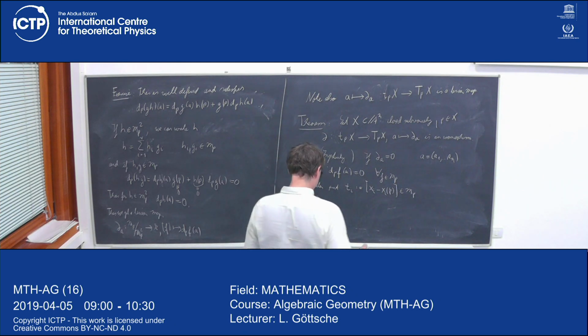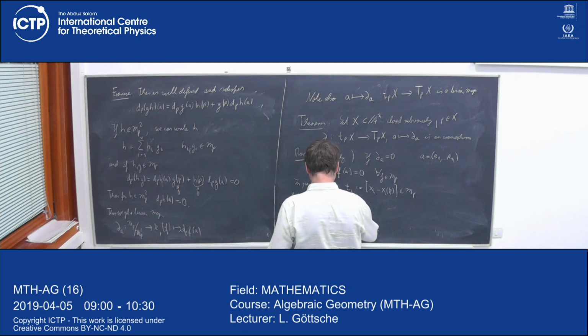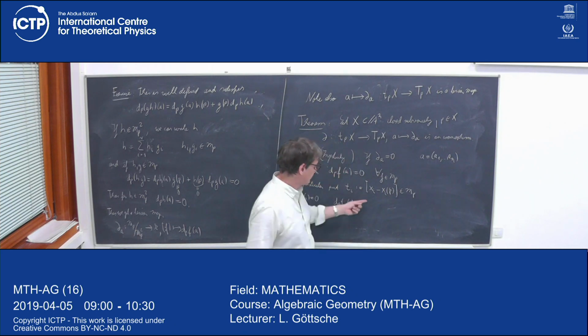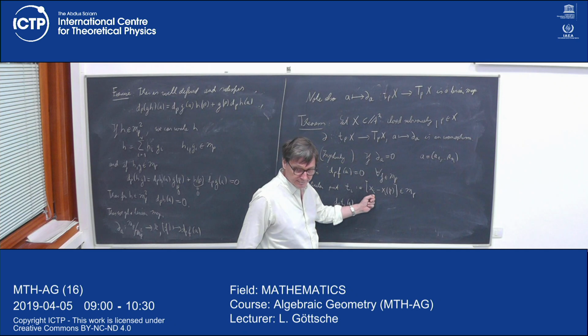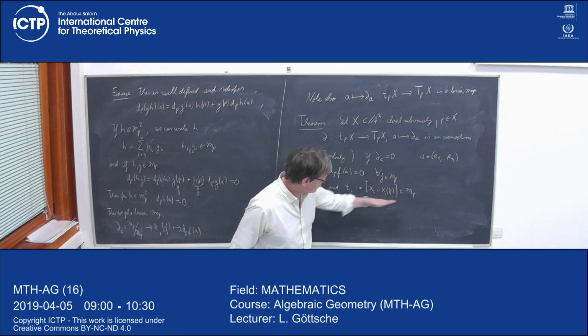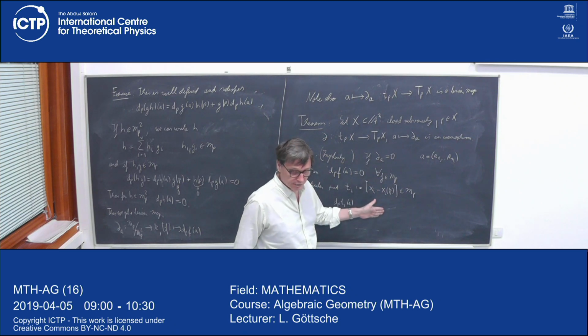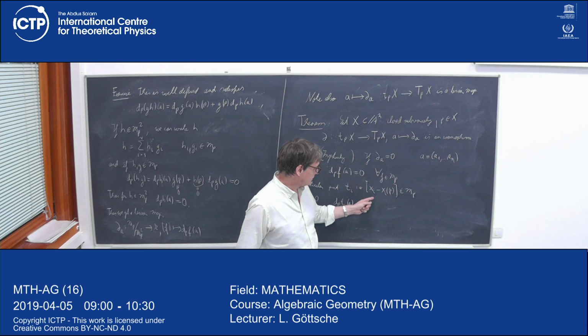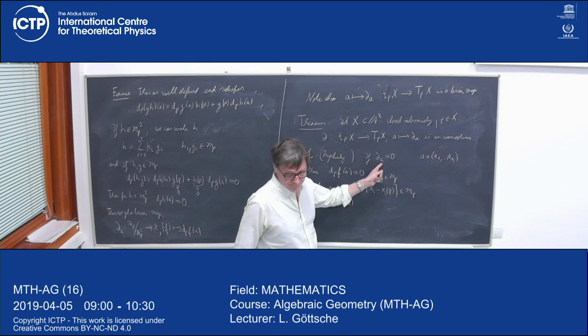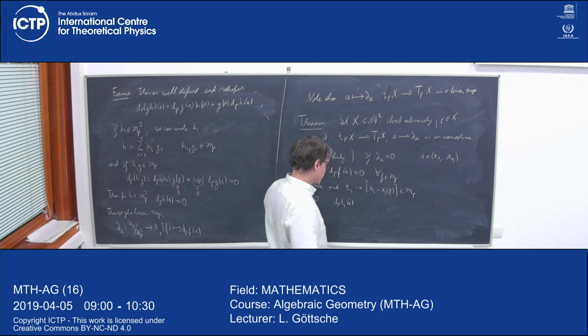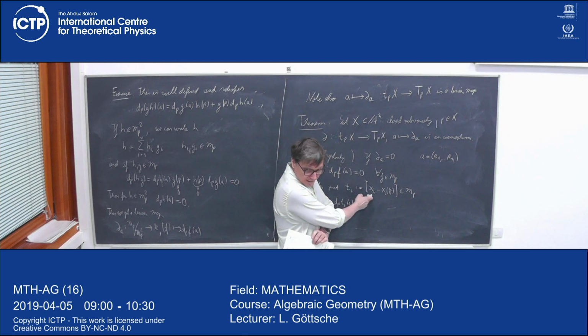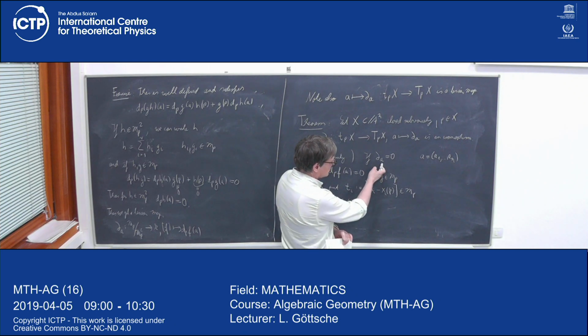But what is this? If I take d_P T_i at A, I have to take the derivative of x_i. So I have to take all the partial derivatives and multiply them with the corresponding components of A. Here only the ith partial derivative is non-zero because it's 1, and the corresponding component of A is A_i.